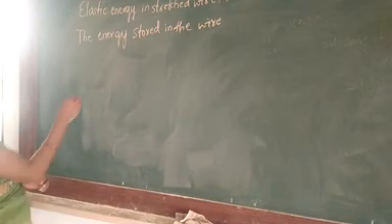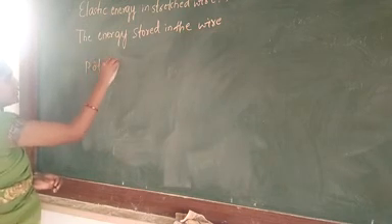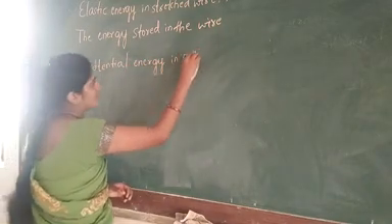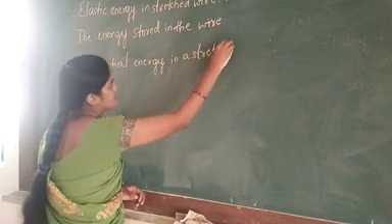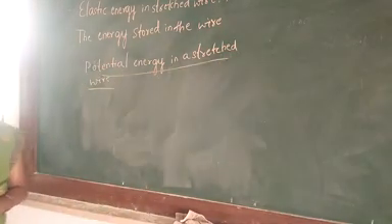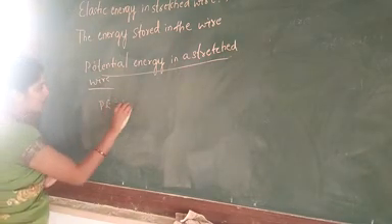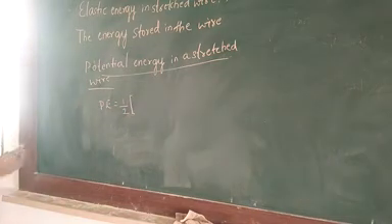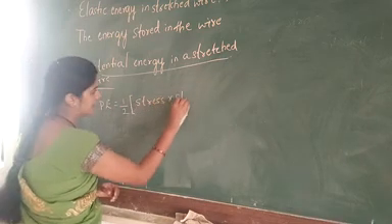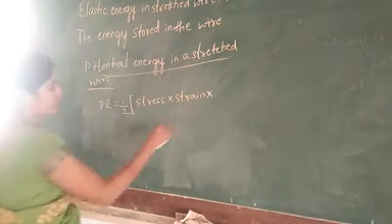Next, we have to write the expression for the potential energy in a stretched wire. The potential energy PE is equal to 1 by 2 into stress into strain, and again we consider the volume of the wire.